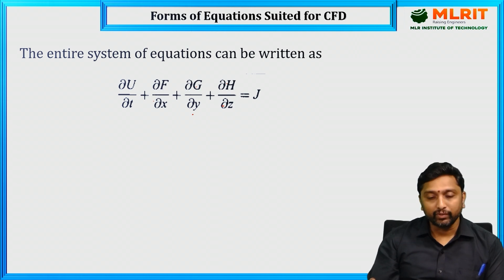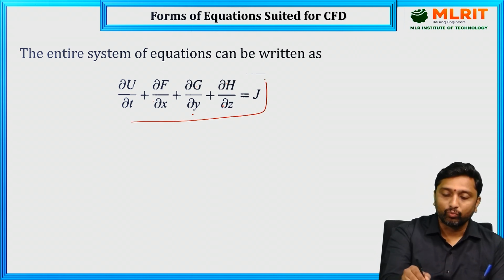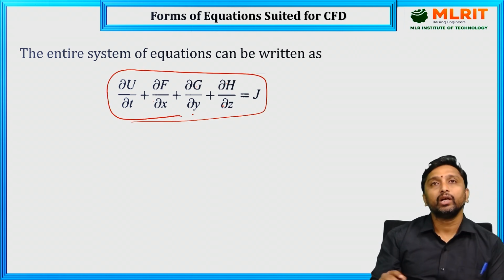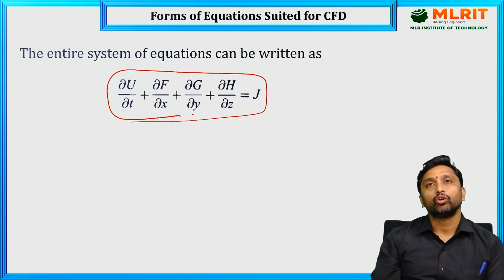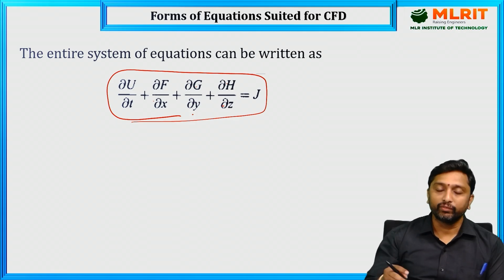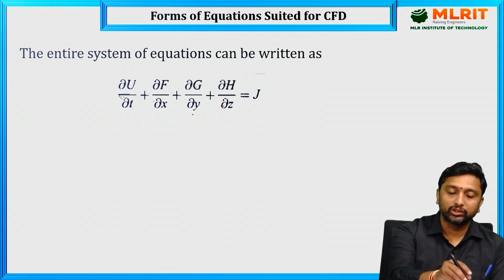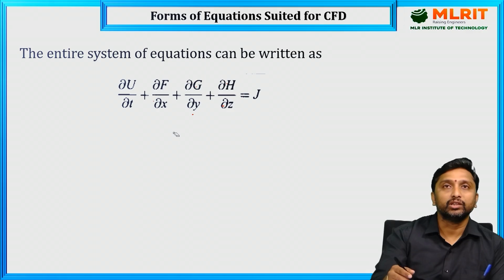Now what I have done is converted them into one single set of equations where all the parameters are taken into account, whether it is the continuity, momentum or energy equation. All the equations are brought under one single equation.